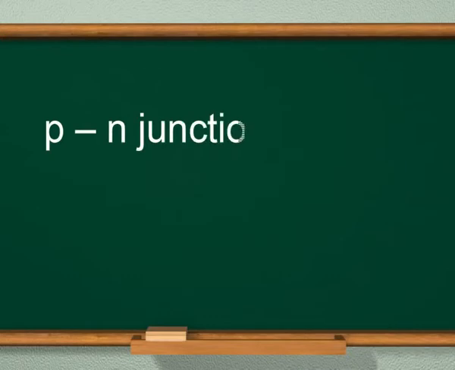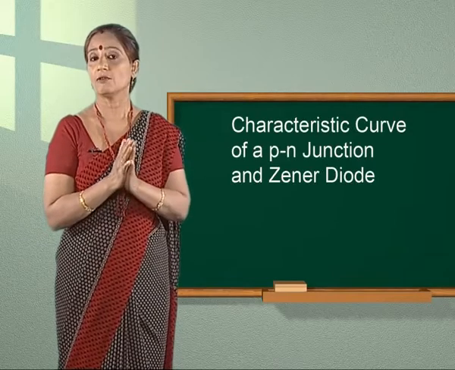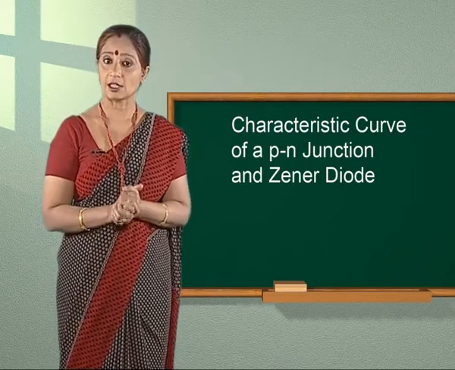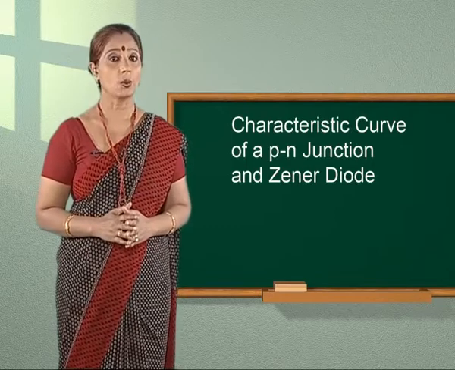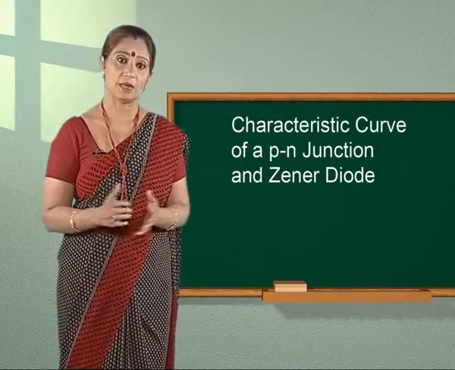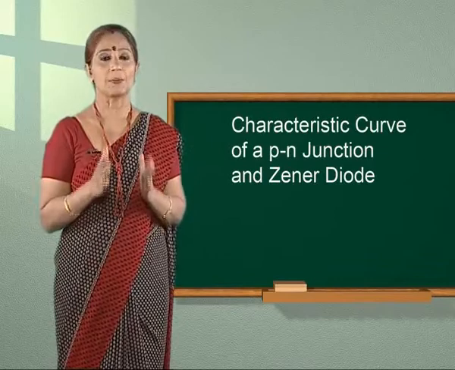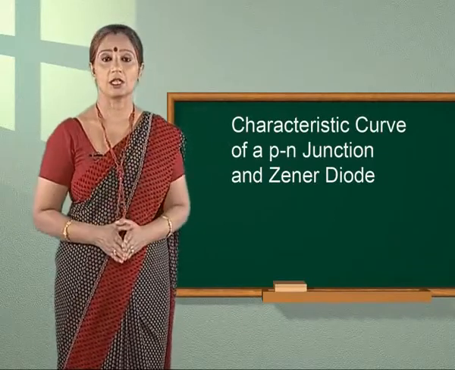A PN junction is formed by joining P-type and N-type semiconductors together in very close contact. The term junction refers to the boundary interface where the two regions of the semiconductor meet. If they were constructed of two separate pieces, this would introduce a grain boundary.